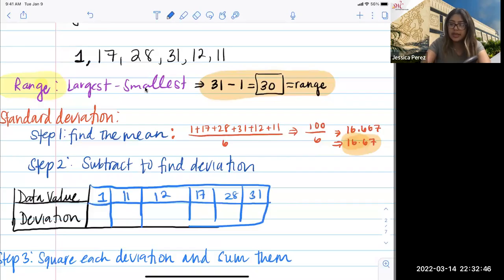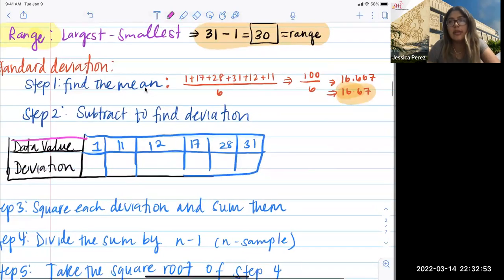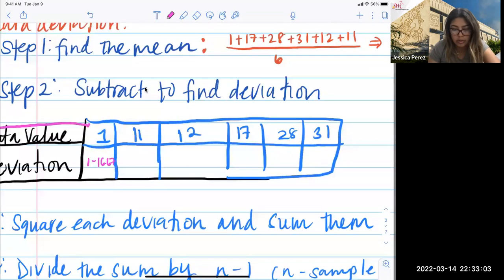Now to find the deviation, you're going to subtract the mean from the data value. So the deviation of the first one is 1 minus 16.67. So you're doing 1 minus 16.67. This is negative 15.67.